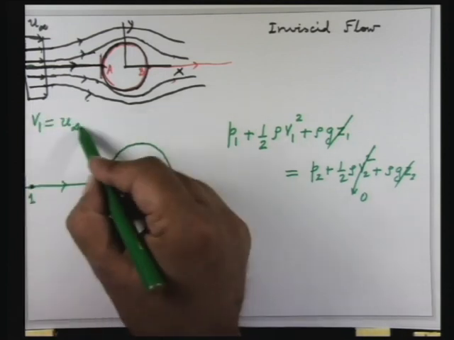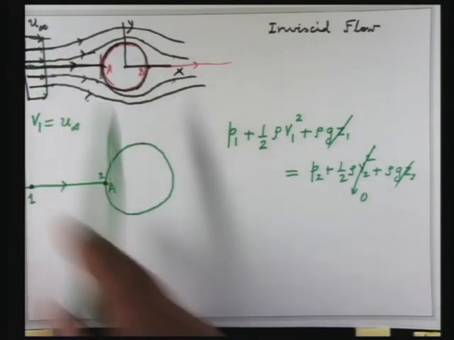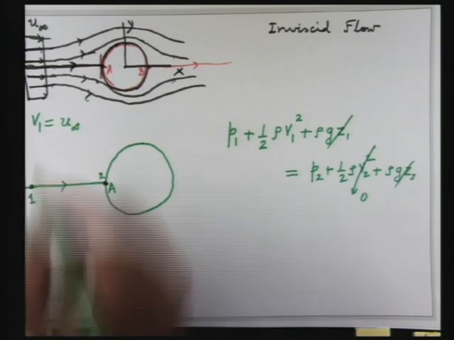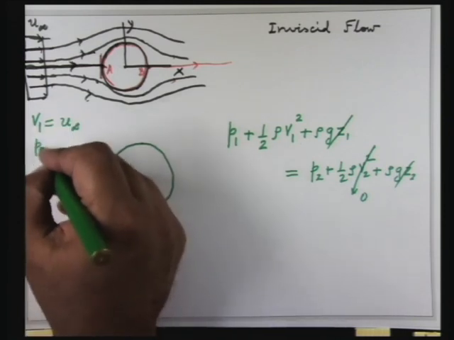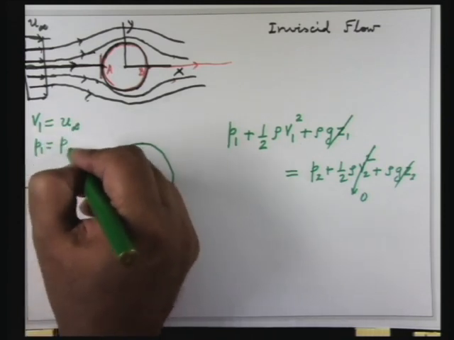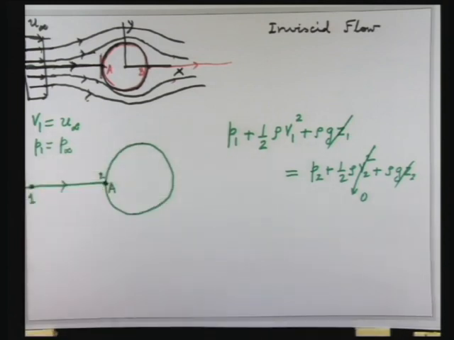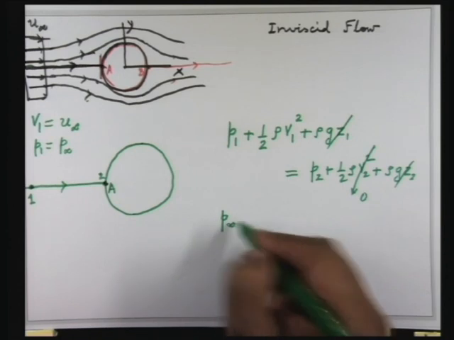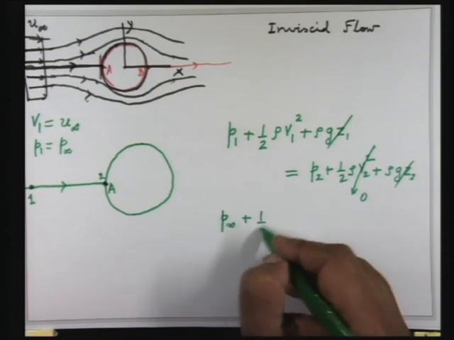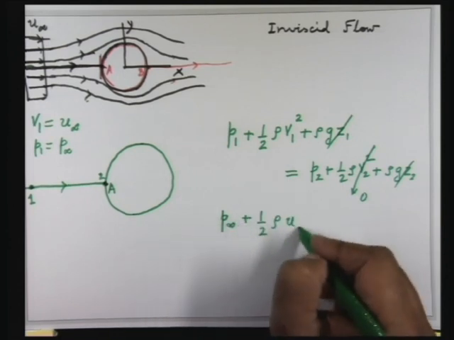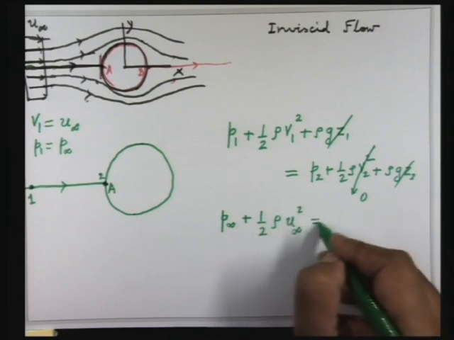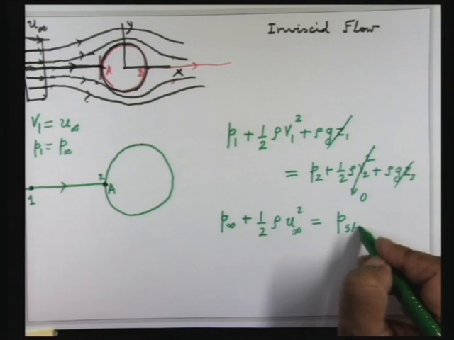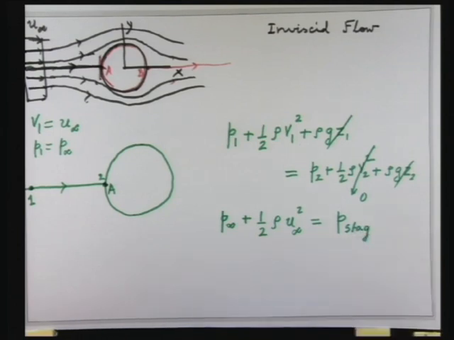The subscript infinity is given to give you the impression that it is at infinite distance from the cylinder, and P1 will be the pressure upstream, which you can call also P infinity. So you are going to have P infinity plus half rho u infinity squared is equal to P, and this you can call the stagnation pressure. I will call it P stag.